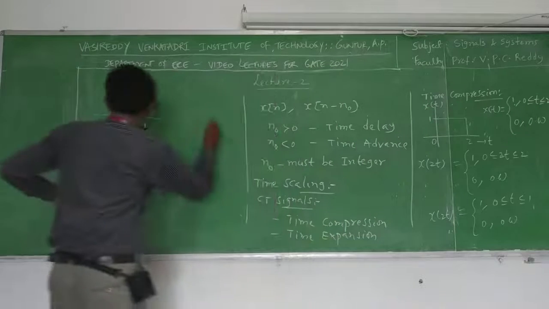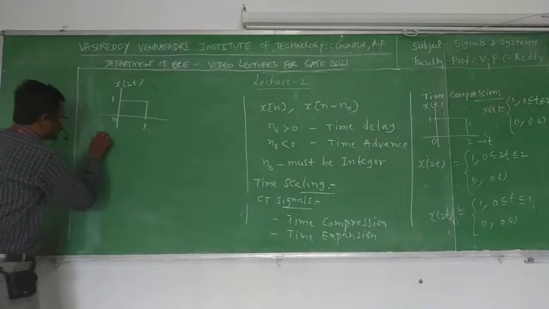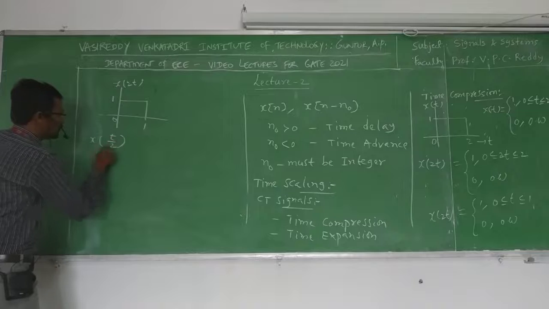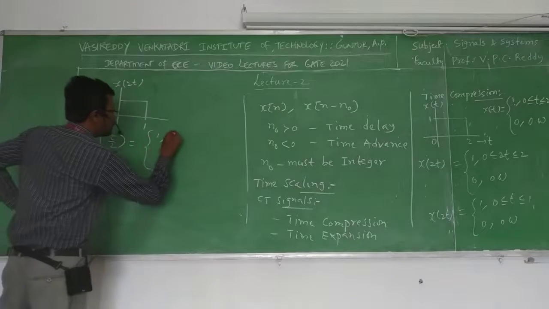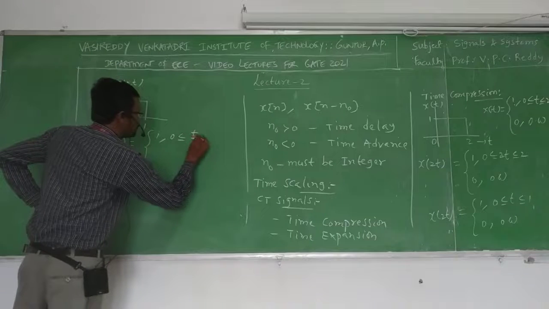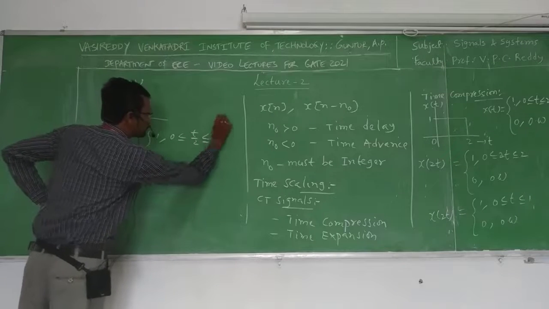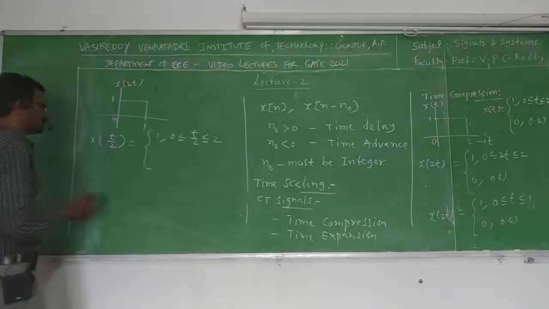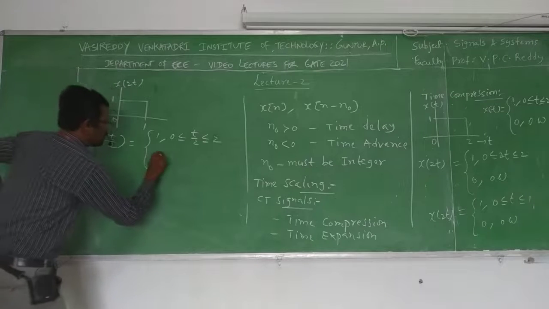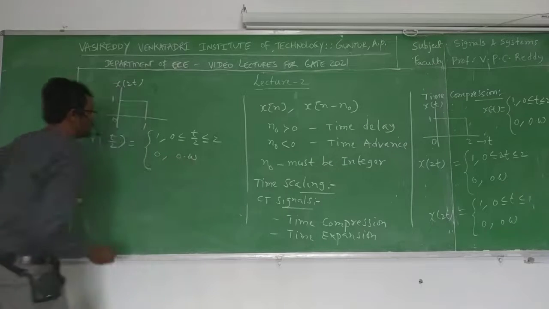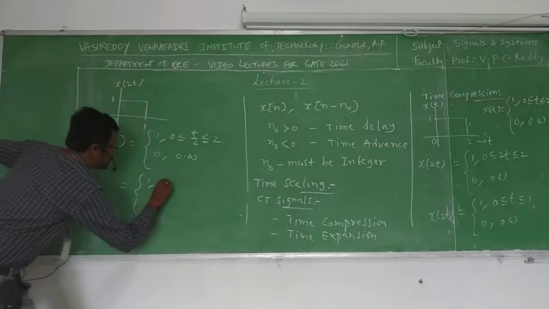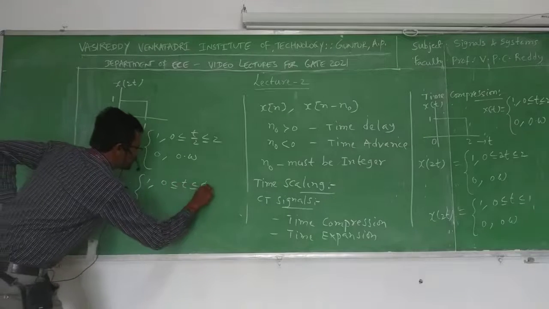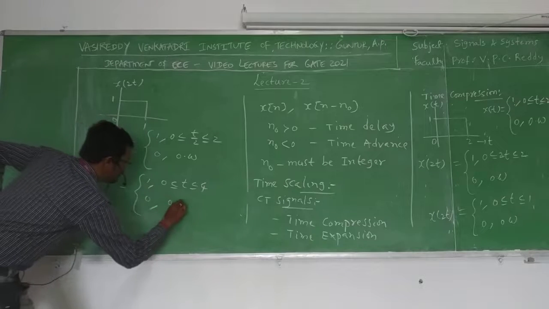Next we will see x of t by 2. Here we have to put t by 2 in place of t in x of t. So 1 for 0 less than or equal to t by 2 less than or equal to 2, 0 otherwise. Moving this 2 to the other side, it is 1 for 0 less than or equal to t less than or equal to 4, 0 otherwise.